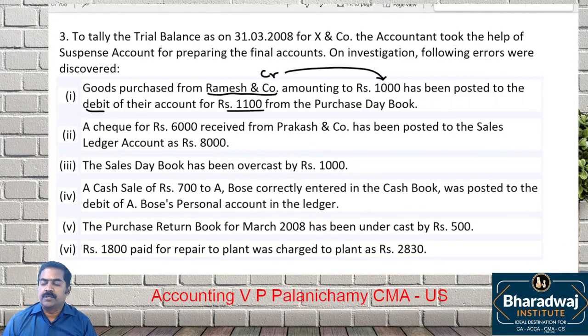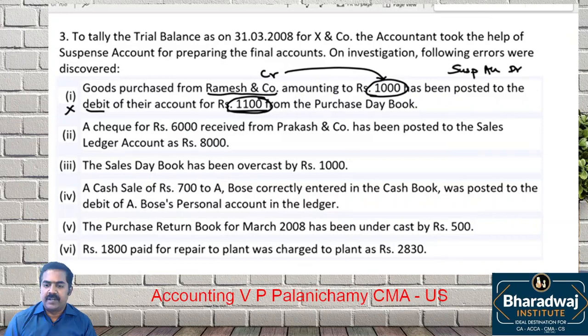What have they done with the Ramesh account? They have credited it. Goods purchased from Ramesh: purchase account debit to Ramesh. You should have credited how much? 1000. But wrongly we debited the account 1100. The problem is with which account? Ramesh account. Ramesh account is the problem. So how to rectify the error? To put the credit of 1000 and to remove the wrong debit of 1100, total how much should we credit?